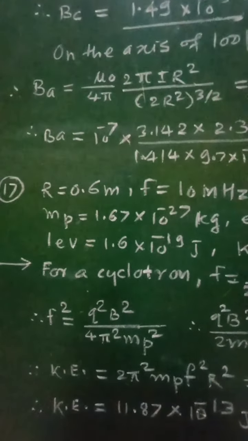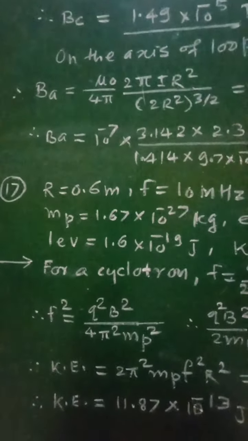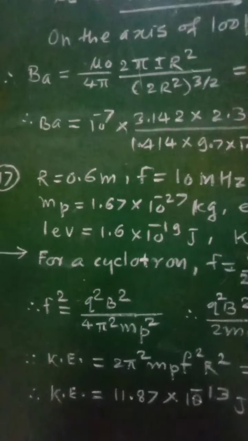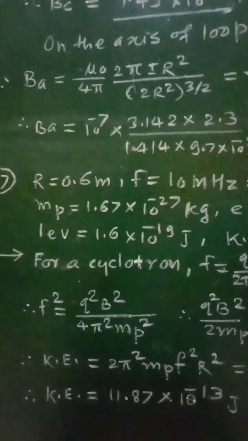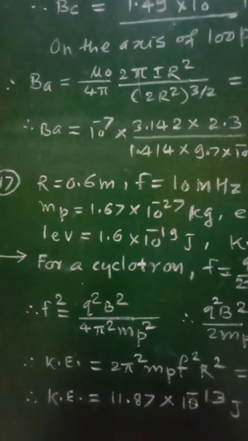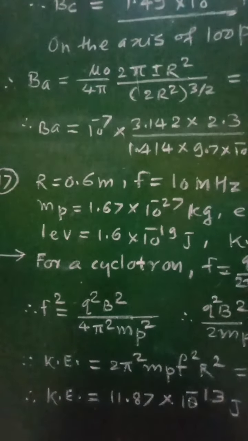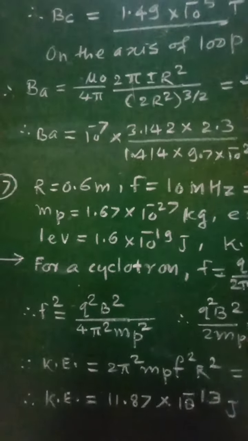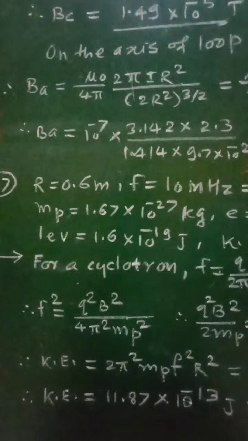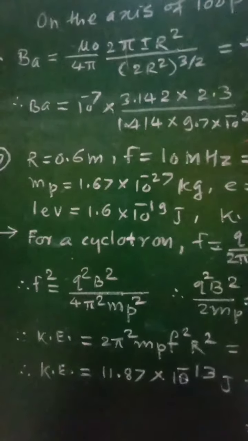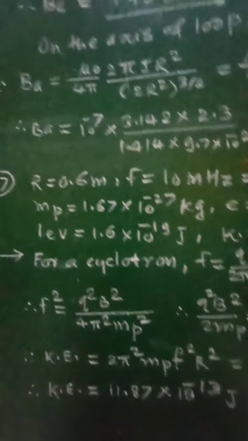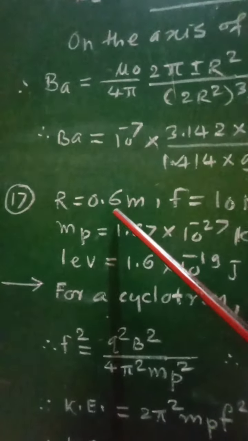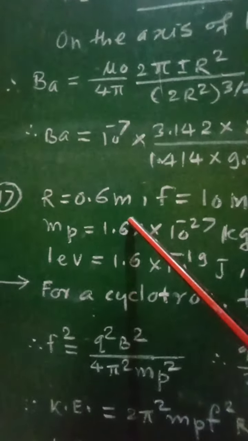And therefore, given data is proton mass equal to 1.67 into 10 raised to minus 27 kilogram. Then charge e is equal to 1.6 into 10 raised to minus 19 coulomb. Then 1 electron volt equal to 1.6 into 10 raised to minus 19 joule. And therefore, for this numerical, given data is R is equal to 60 centimeter means 0.6 meter.